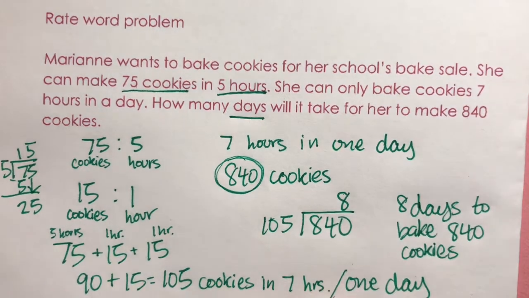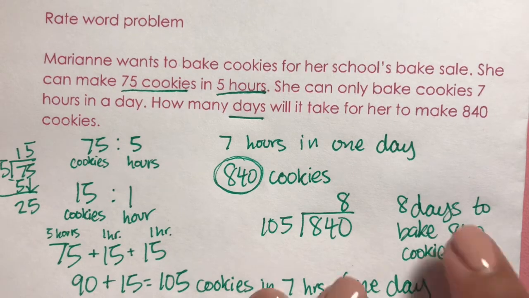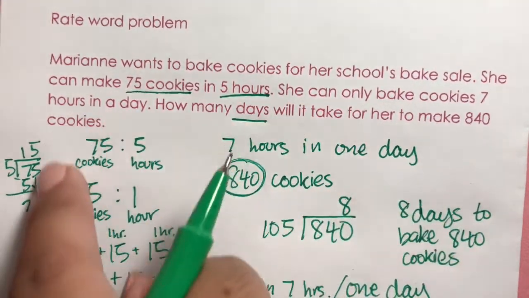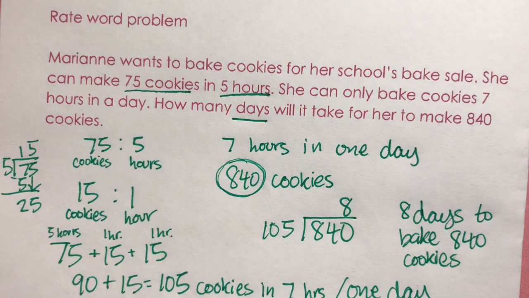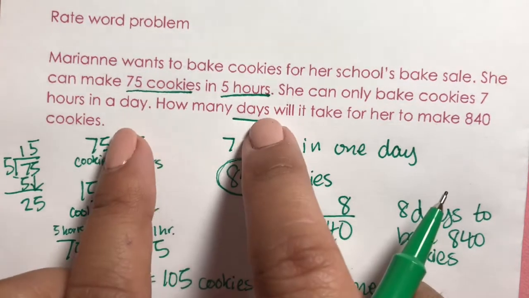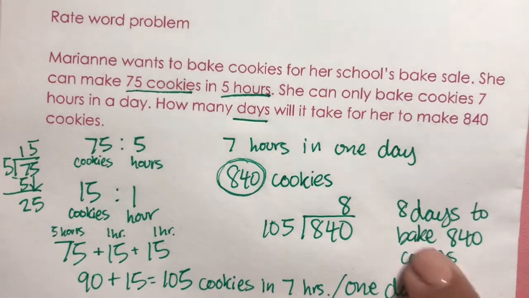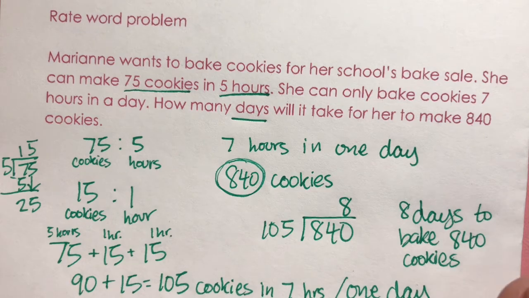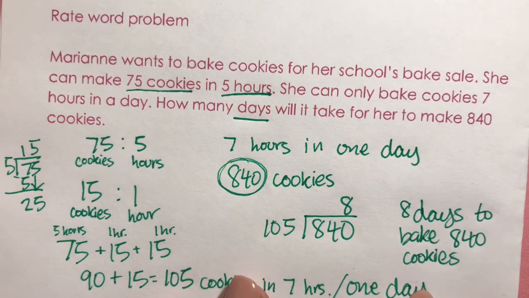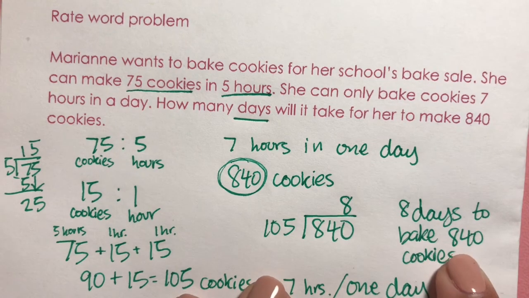Okay, all right, so if you're still trying to figure out how in the world I got to 8 days, rewind this video and go through it step by step again. There are a couple of steps we had to take to get to this answer, and don't get lazy about it. I know it's a lot of steps, but just break it down, go through it step by step, and you'll get to the correct answer.